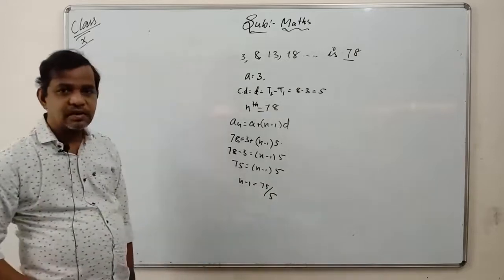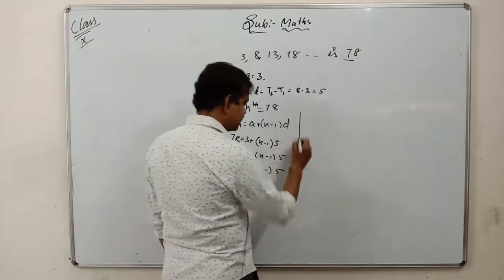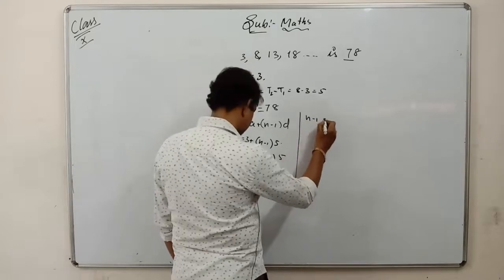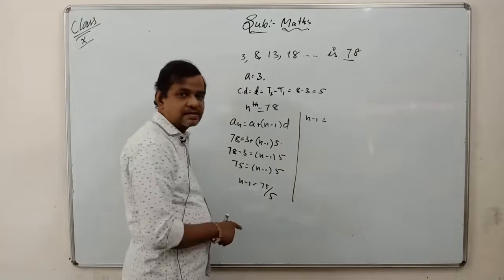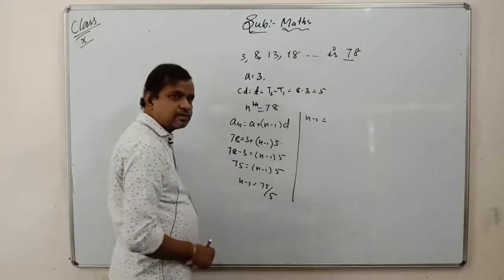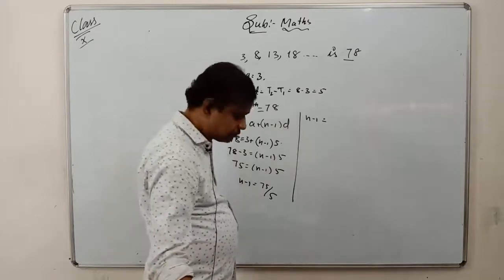If you cross multiply you will get the same answer. I told you not to cancel directly. Write it on the next step and cancel it. 75 by 5, how much do you get? Calculate it.